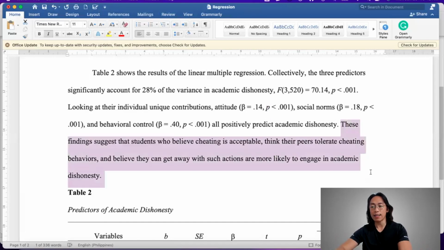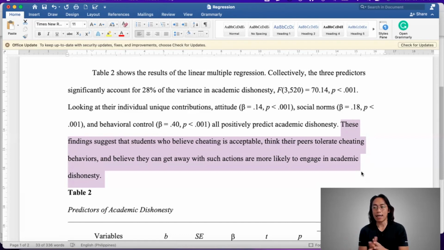And then finally, the last thing that I talk about is a concluding sentence, a sentence that describes the result in a way that can be understood by somebody who is not very familiar with statistics. In this final sentence, I normally do not talk about the variables, but instead talk about what the variables actually mean.